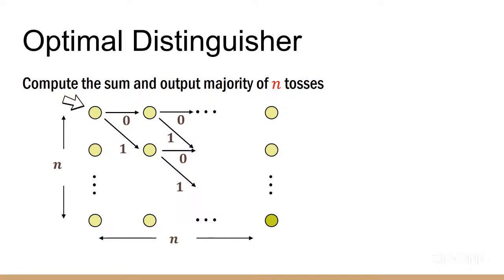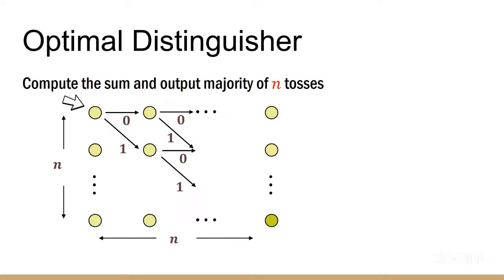Now each row represents a sum. The first row represents that the sum up till now is 0. The second row represents that the sum up till now is 1. And the last row represents that the sum up till now is n. You keep this computation, and then the last n by 2 nodes in the last layer are accept states.